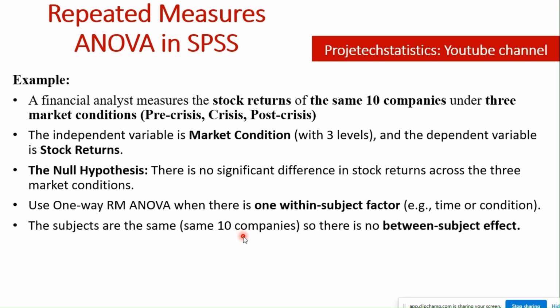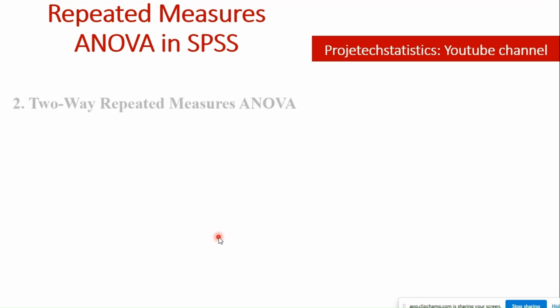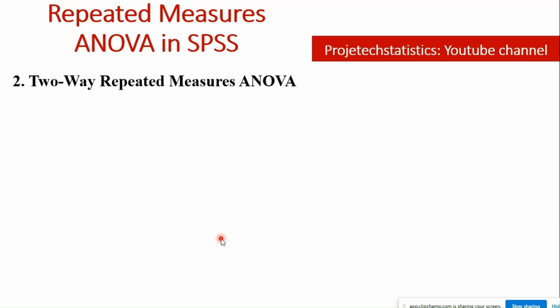We only have one group of 10 companies, so you cannot have between subject effects. That is why we cannot have between subject effects in one-way repeated measures ANOVA.